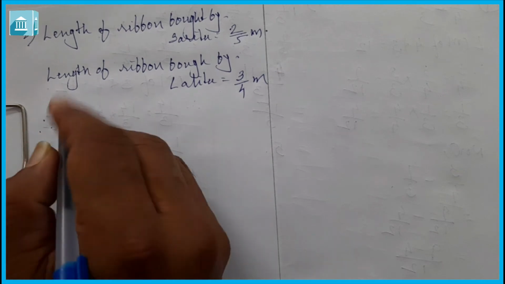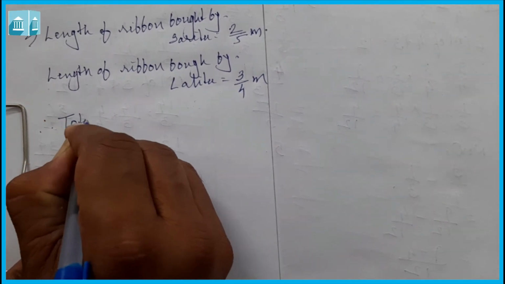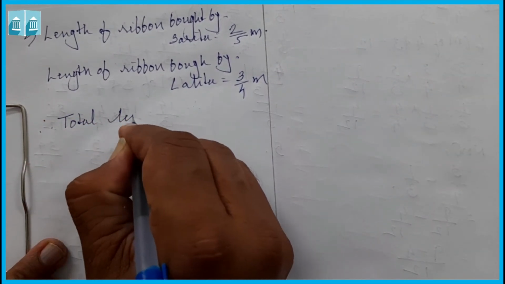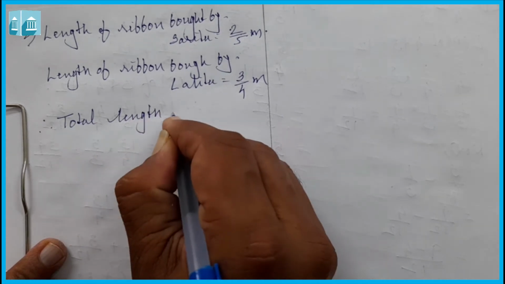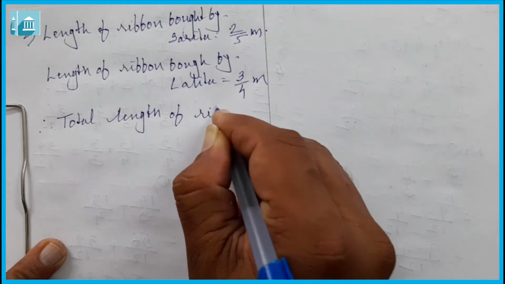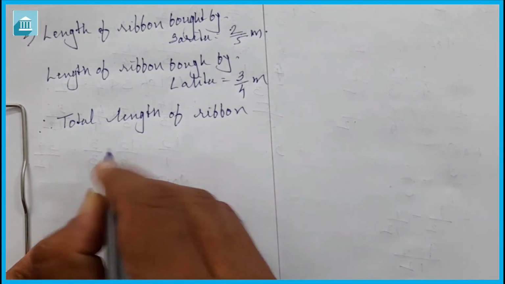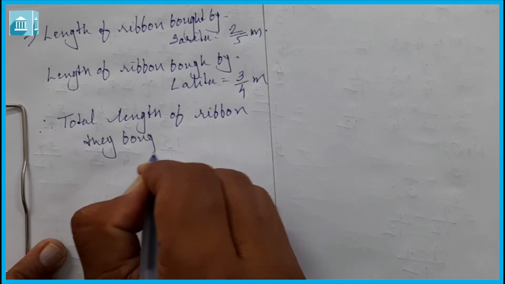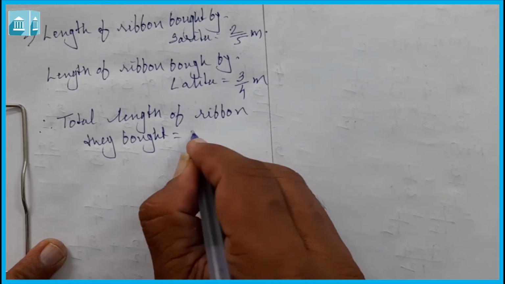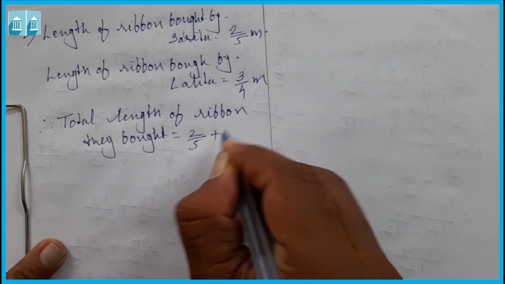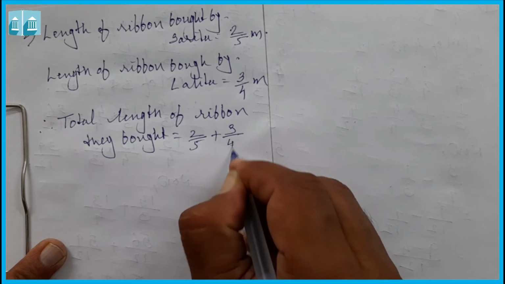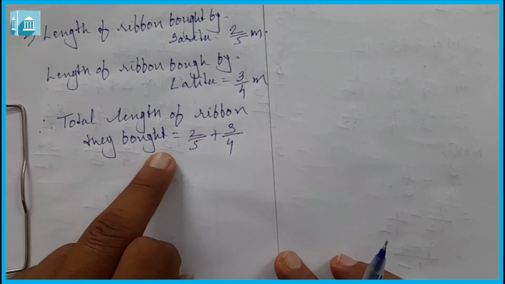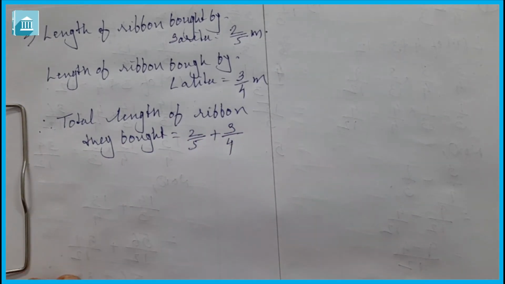So the total length of ribbon they bought is equal to 2 by 5 plus 3 by 4. Therefore the total length of ribbon they bought is equal to 2 by 5 plus 3 by 4.